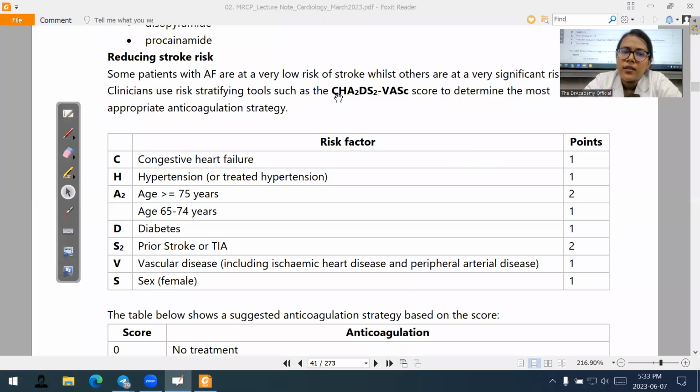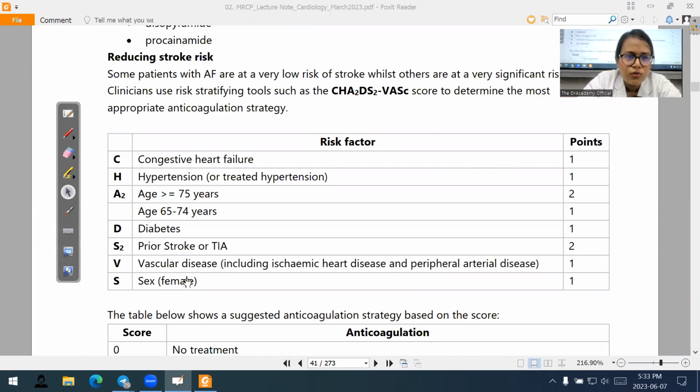The C stands for congestive heart failure, H is hypertension, A is for age. If the age is more than 75, you get 2 points. If the age is 65 to 74, there is 1 point. D is for diabetes, S is for stroke or transient ischemic attack, which is 2 points. V is vascular disease, it could be peripheral artery disease or ischemic heart disease.